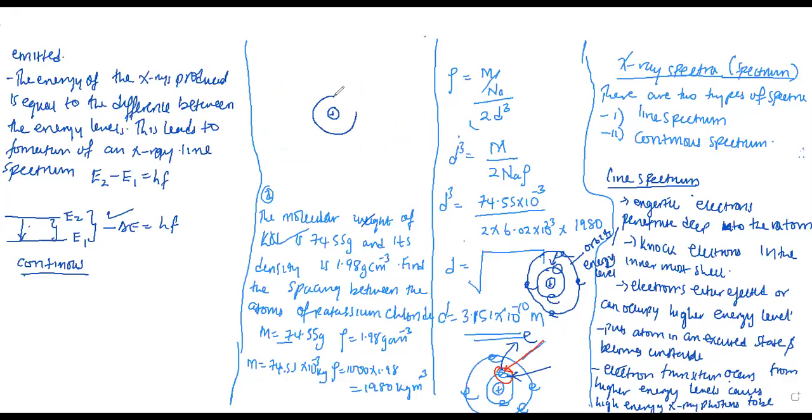This is the first orbit, second orbit, third orbit. Now, if we had electrons here in the lowest energy level, then we had other electrons within.